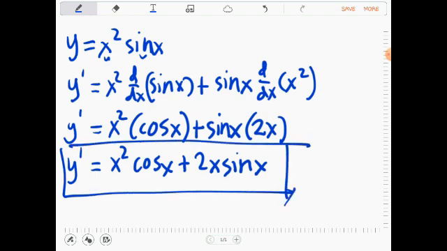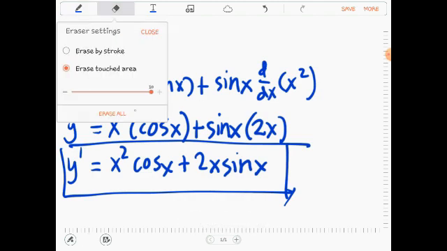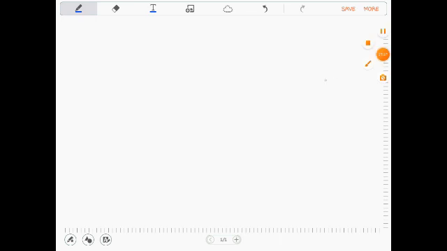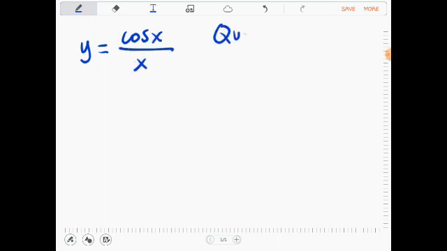So, how about when we have the quotient rule to use? Okay? For example, y is equals to cosine of x all over x. Okay? So, the differentiation rule we will use is the quotient rule.